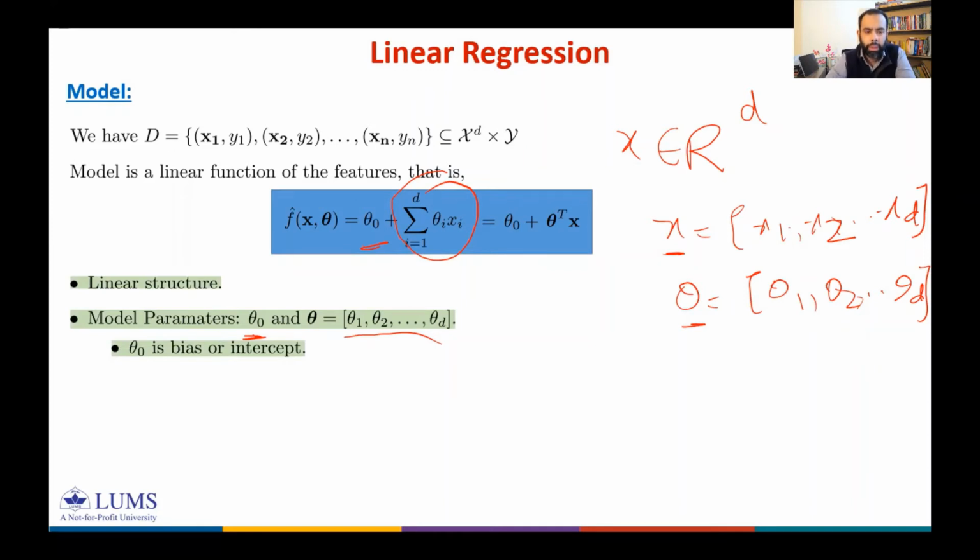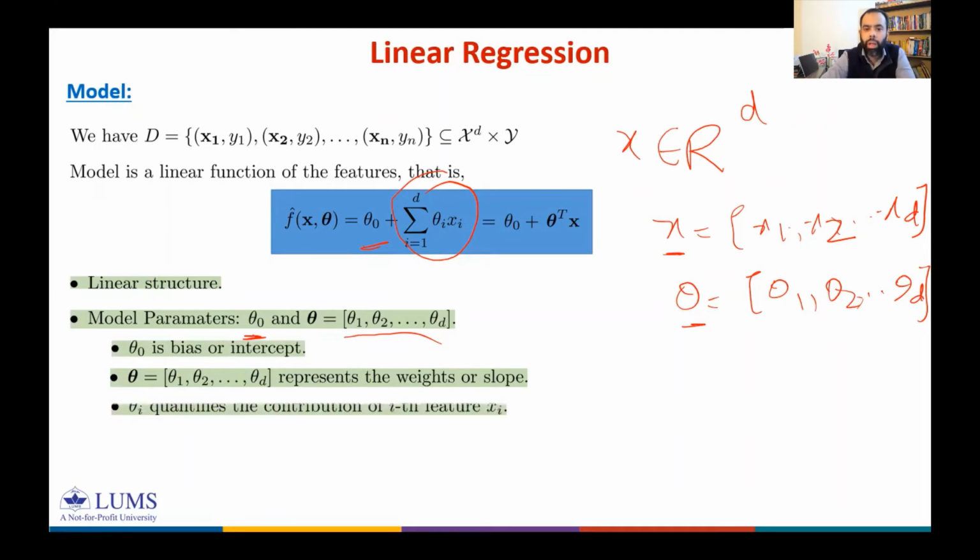So theta 1, theta 2, theta d represent the weights or slope. For example, theta 1 quantifies the contribution of x1. Theta 2 quantifies the contribution of x2. Similarly, theta i quantifies the contribution of the ith feature xi.